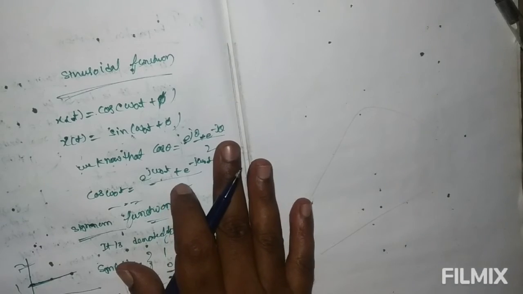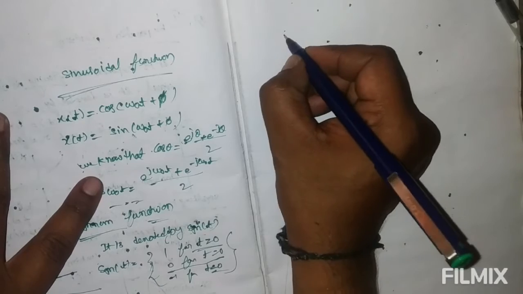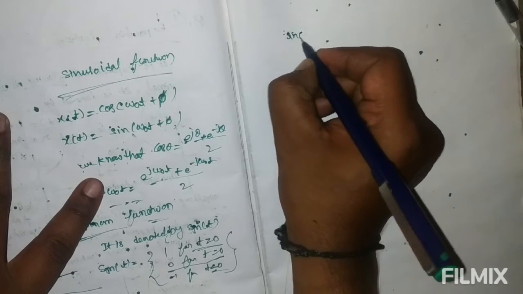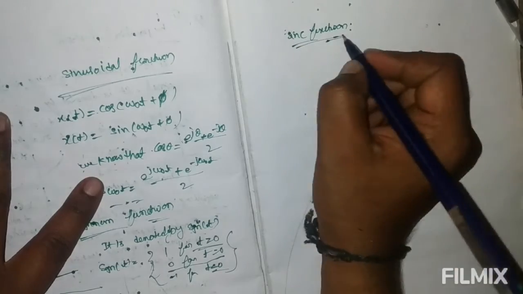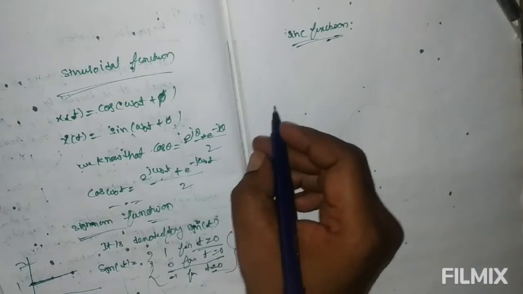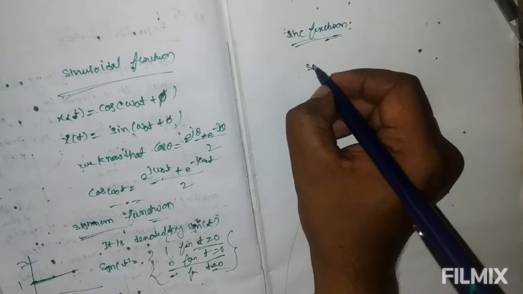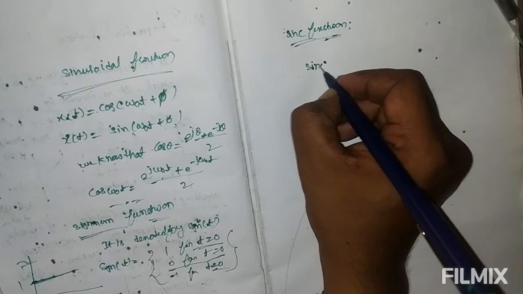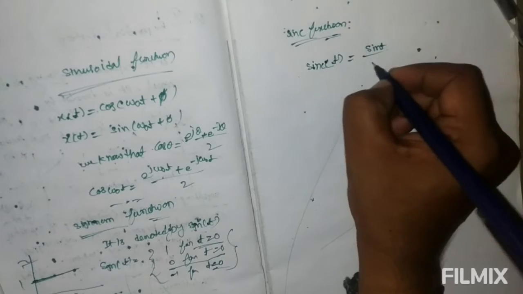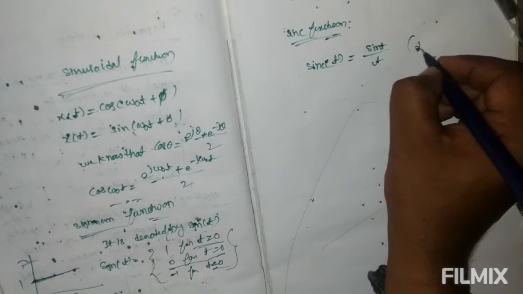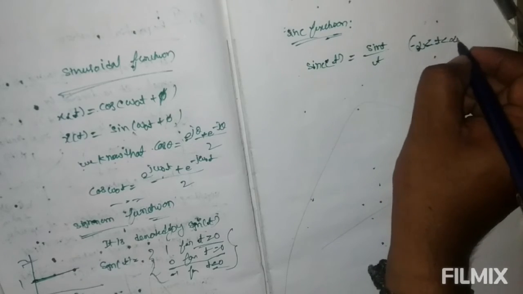Coming to the sinc function. The sinc function is defined as sinc of t equal to sin t by t for minus infinity less than t less than plus infinity.